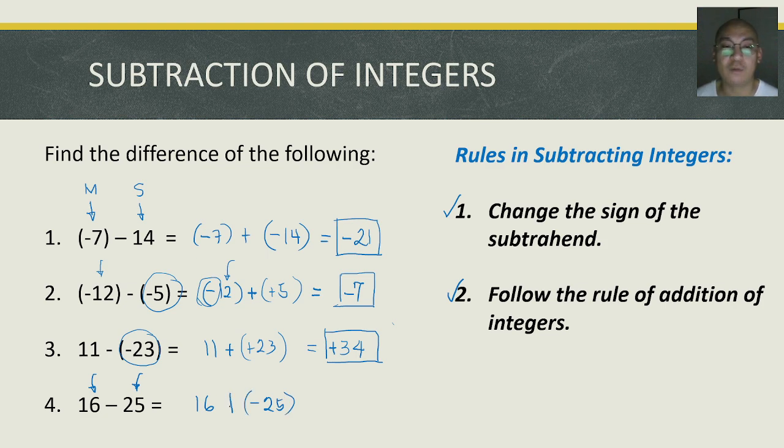Follow the rule of addition. If we observe, they have different signs, one positive, one negative, so we will subtract. What is 25 minus 16? We will get 9. And check the sign of the addend which has the larger number, and that is 25. And 25 is a negative number, so the answer is -9.